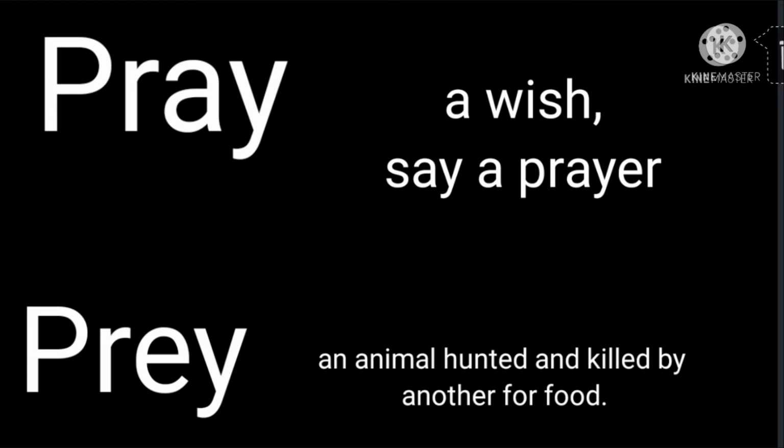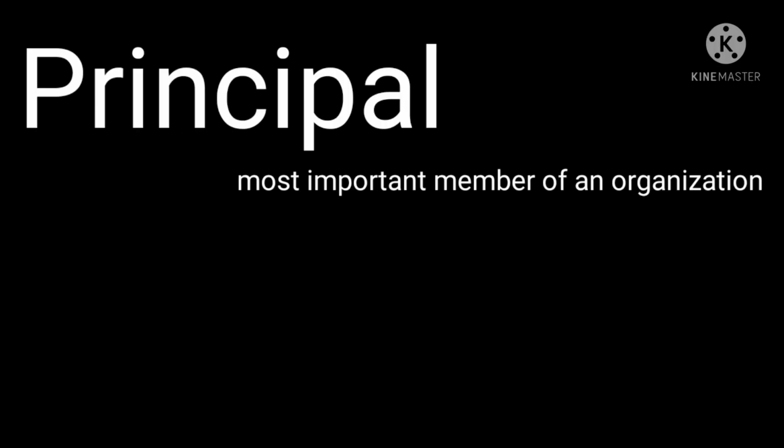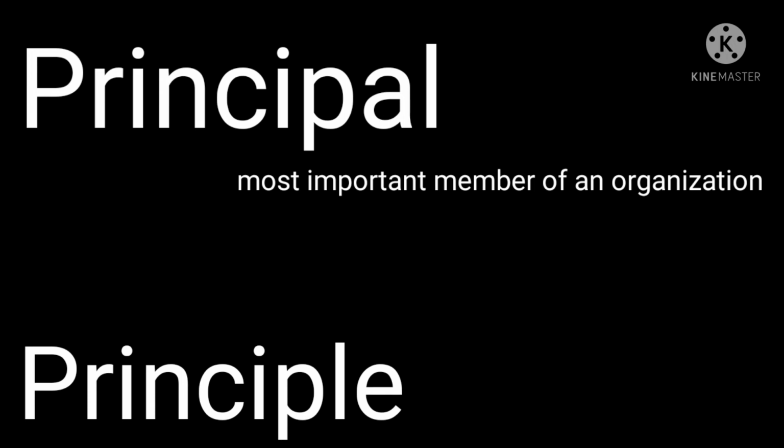Okay, now next, this word. A number of times I have observed that not only children, even the elders also make this mistake. So this is the word principal. P-R-I-N-C-I-P-A-L, principal. And the other word, P-R-I-N-C-I-P-L-E, principle. Both words we pronounce the same, but their spellings and their meanings are different.